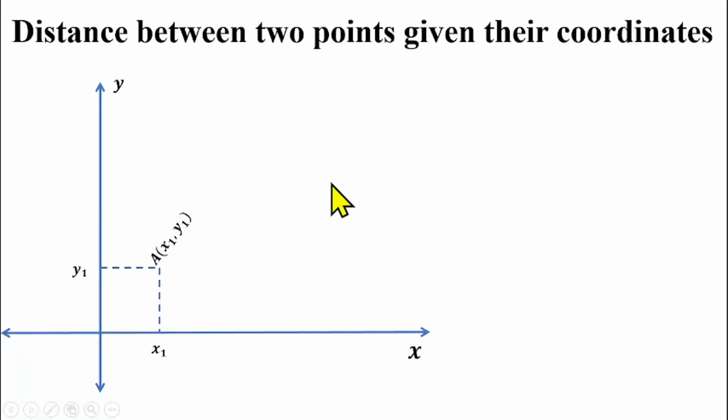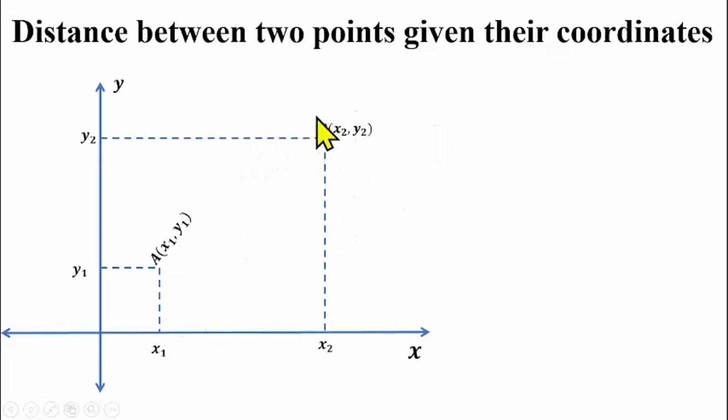Are we there? So let's say there's another point here which is point B. Because this is a graph as well, point B will also have a value on the x-axis, which is x2, and a value on the y-axis, which will be y2.